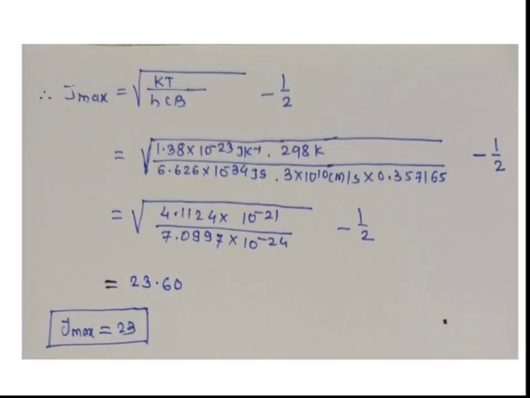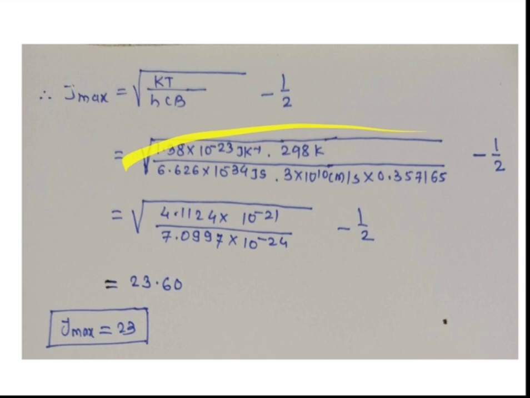So see here, I have written all the values. k is equal to 1.38 × 10^-23 joule per Kelvin, times T, the thermodynamic temperature. When temperature is not given, it will be 298 Kelvin. So I have taken 298 Kelvin, divided by h value 6.626 × 10^-34 joule seconds, times c, 3 × 10^10 centimeters per second, times B value 0.357165.